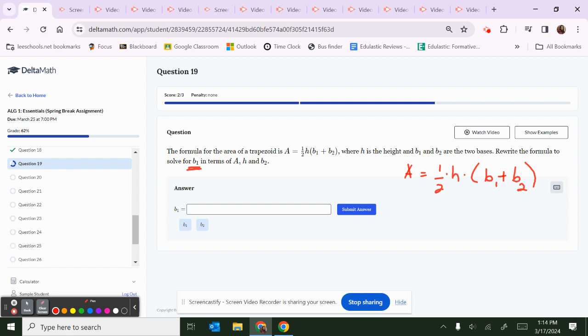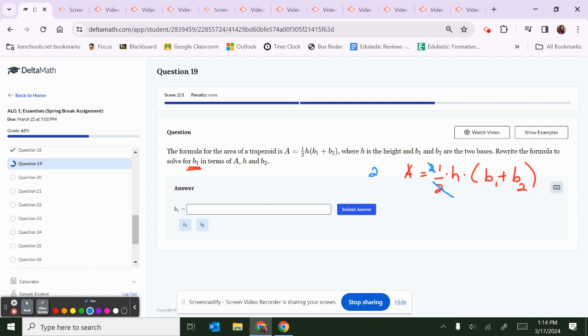To get rid of that 1 half, you're going to multiply by the denominator and divide by the numerator. So I'm going to multiply by my denominator of 2. That cancels out that 2 at the bottom.